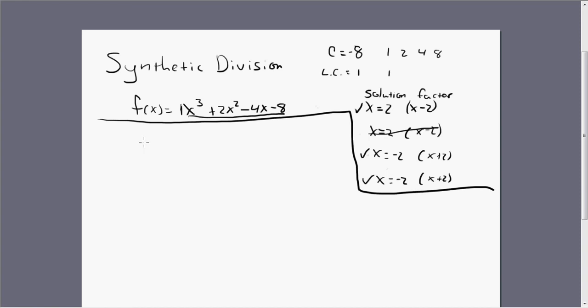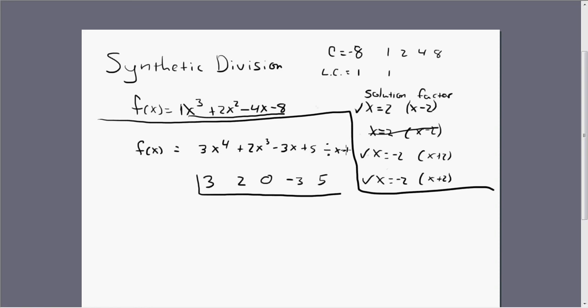This happens if you have something like f of x equals 3x to the fourth plus 2x cubed minus 3x plus 5, and I'm going to divide this by x minus 1. So once again, I'm going to bring down the coefficients. I get 3, 2, but there's no x squared, so that actually becomes a 0, and that's what I want you to see here.